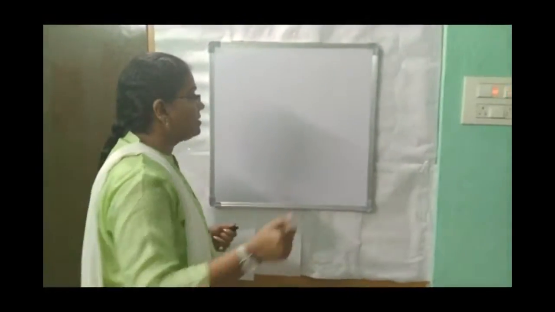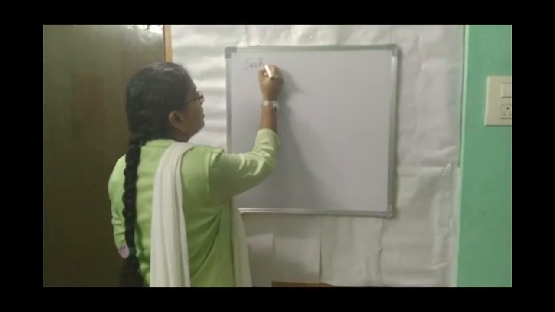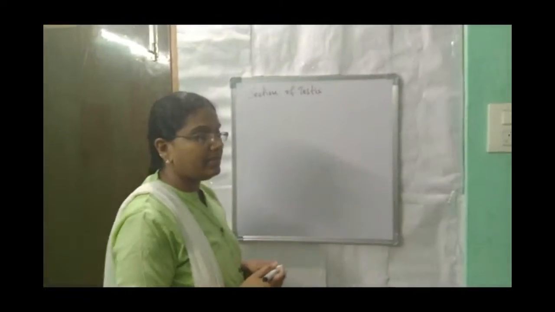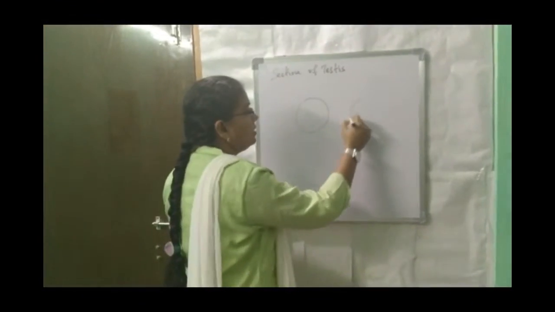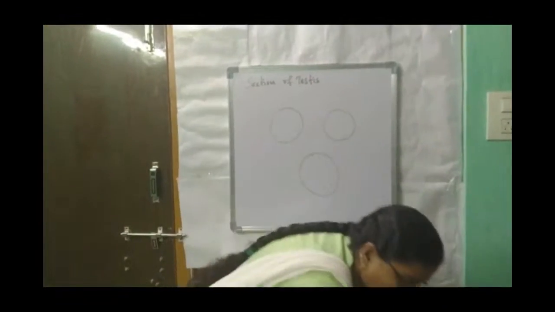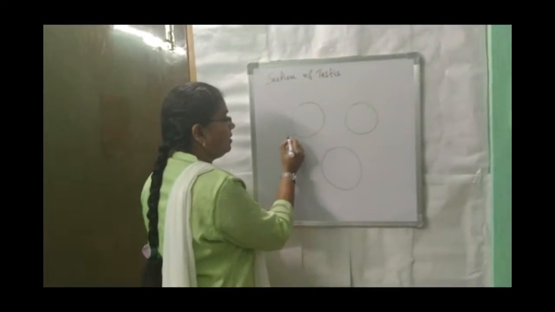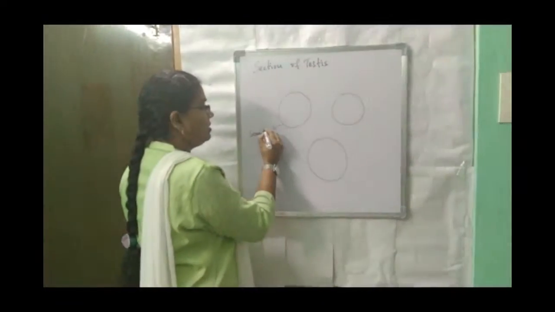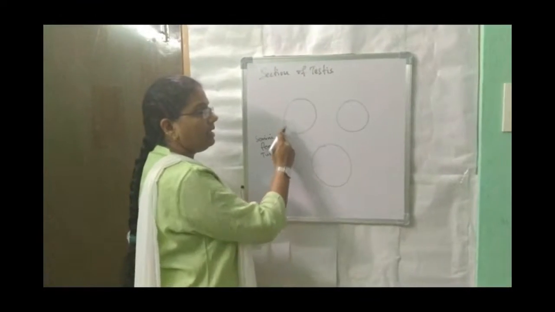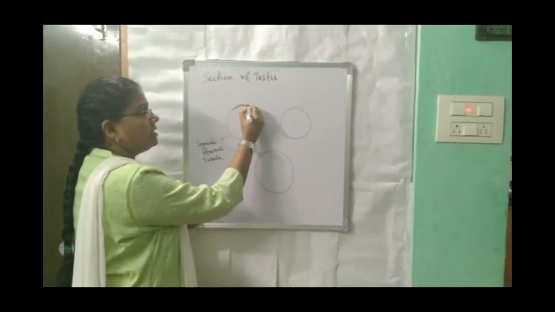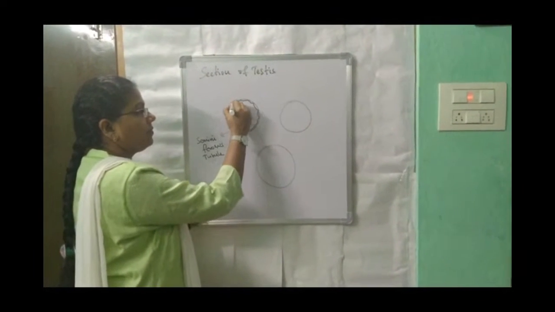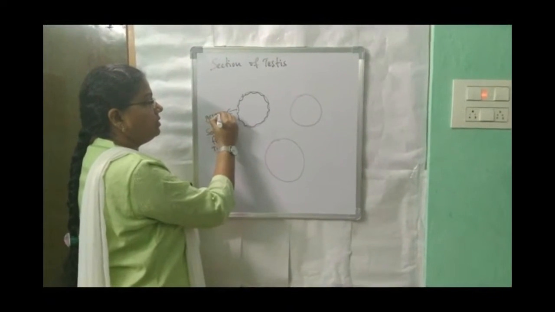Now, section of testis. If you observe the section of testis, it has a number of seminiferous tubules. Each seminiferous tubule is made up of a number of germ cells.